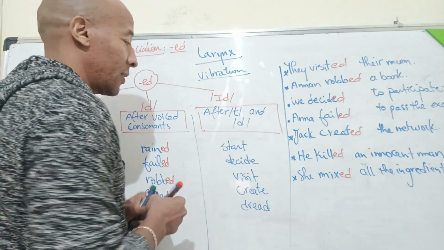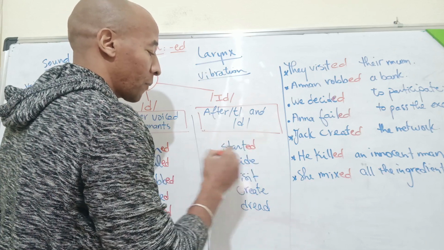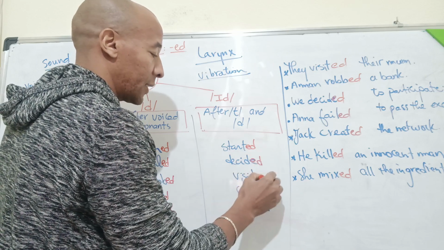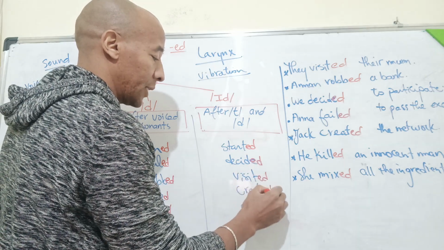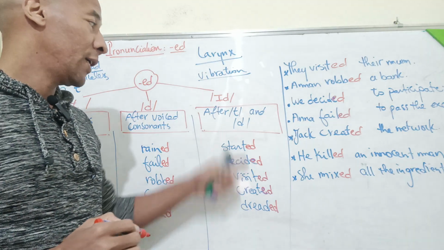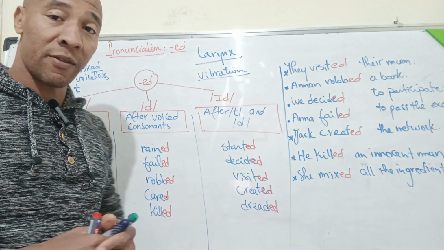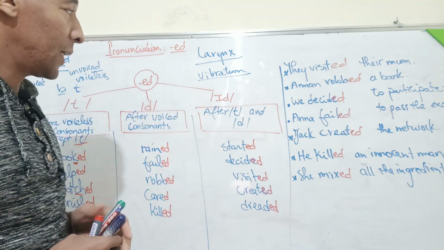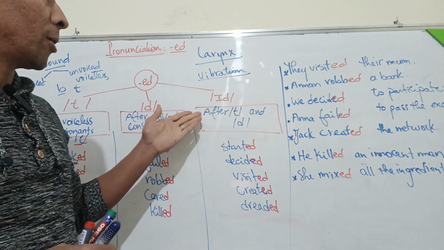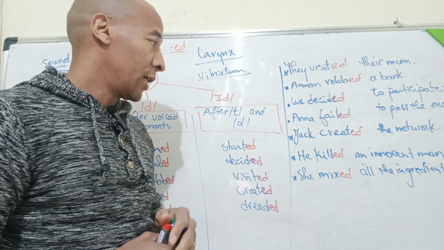So this is how we're going to pronounce these verbs. Started, decided, visited, created, readed. So here is the correct pronunciation of -ed when we have t or d at the end of the verb.